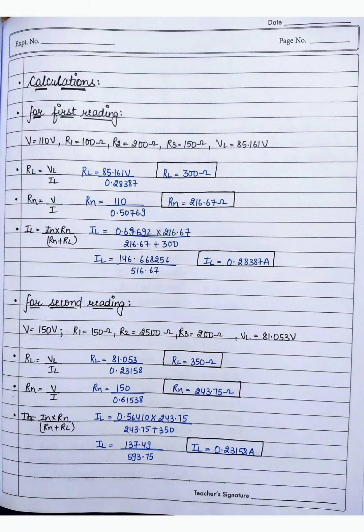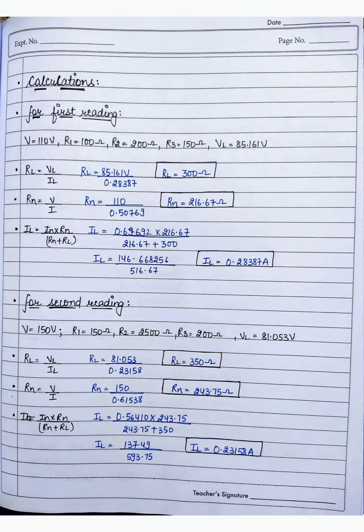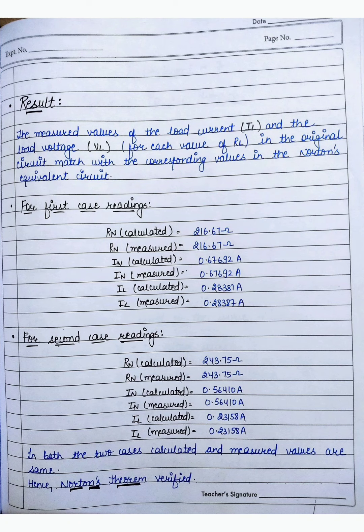IL equals In multiplied by Rn divided by Rn plus RL. IL equals 0.56410 multiplied by 243.75 divided by 243.75 plus 350, IL equals 137.49 divided by 593.75, IL equals 0.23158 A.